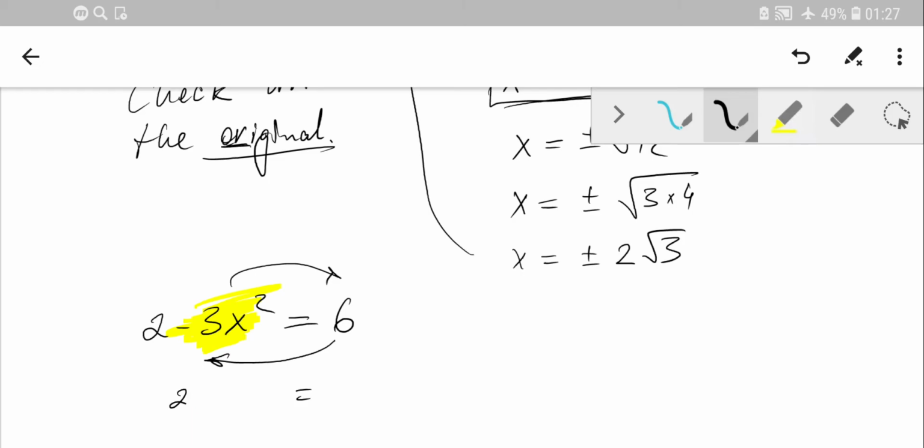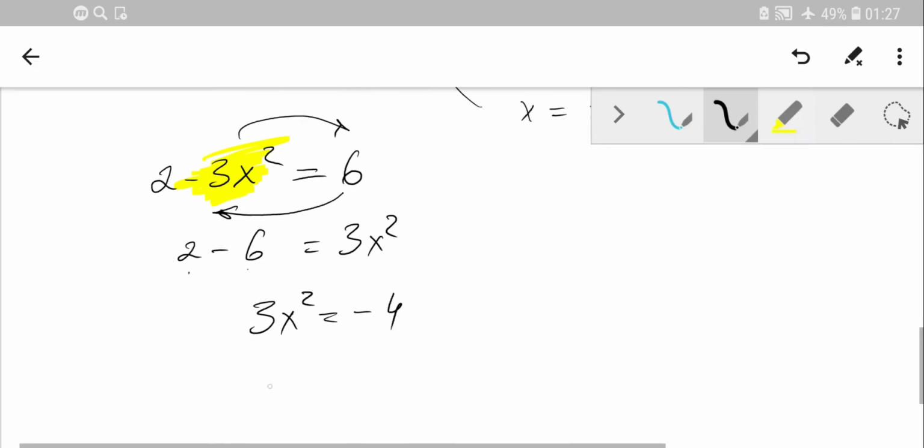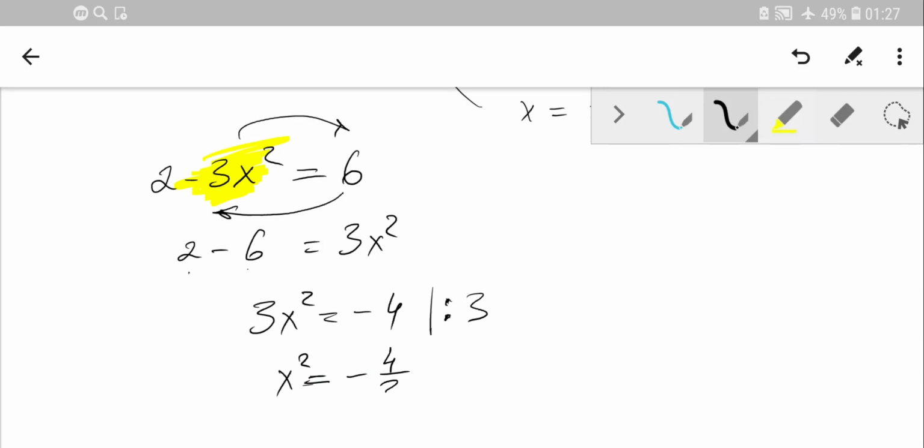Okay, we'll have 2 minus 6 equals 3x squared. Or we just swap that. 3x squared equals 2 minus 6, which is negative 4. From where, even if you divide every single part by 3, as we did with linear equations, don't forget these methods, we'll get negative 4 over 3.